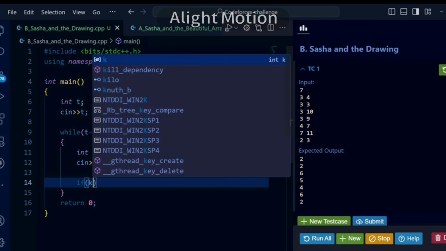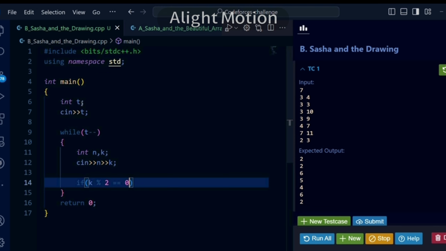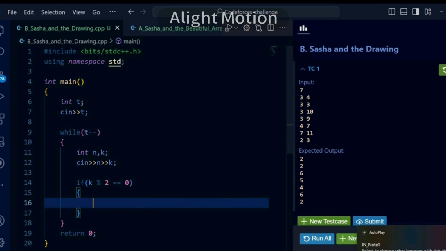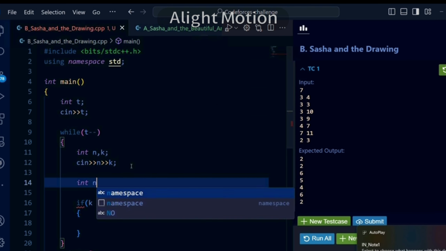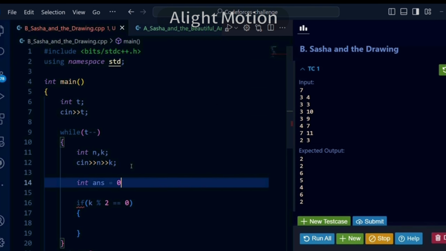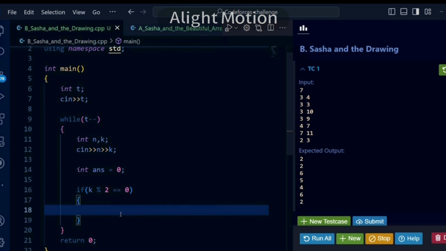If k modulo 2 is equal to 0, that is the first case. So let me first of all declare an answer. Let's say int answer equal to 0, right? If k was even, then in that case my answer would be k by 2.